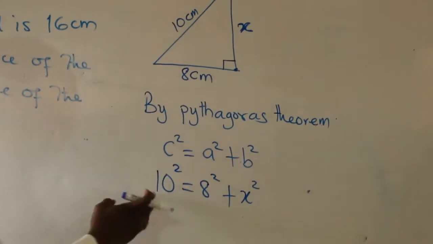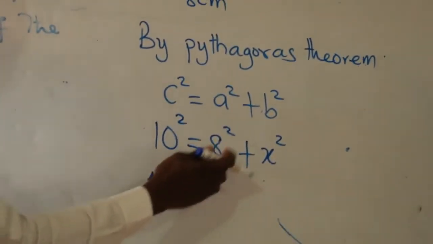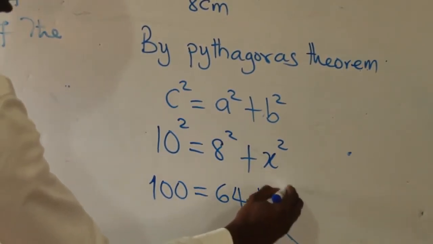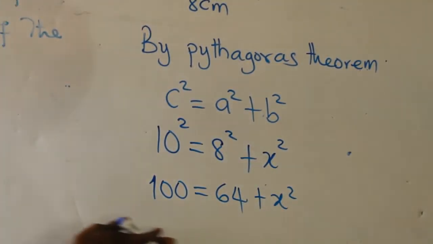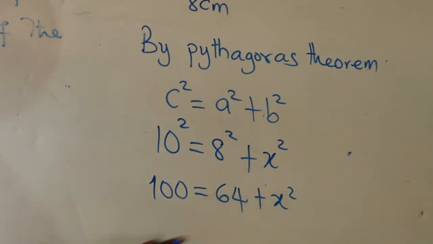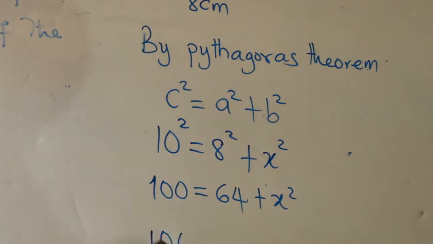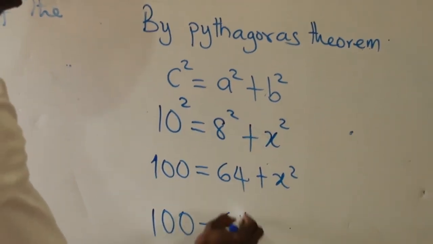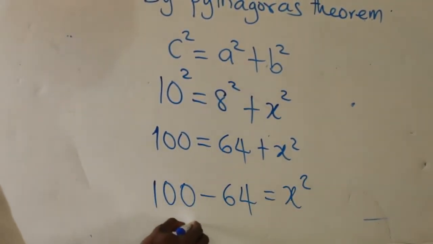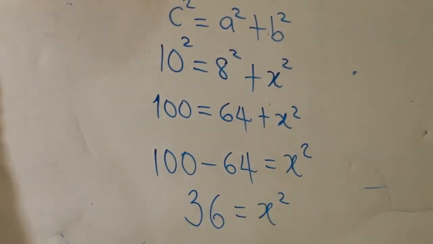At the end of the day, 10 squared is 100, meaning 10 times 10. 8 squared is 64 plus x squared. I have to take like terms in order to find x. So 100 minus 64 is equal to x squared. 100 minus 64 is 36. Then confirm that with the calculator.